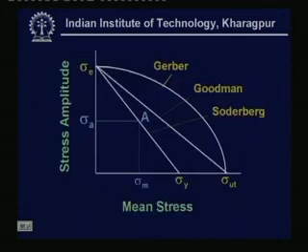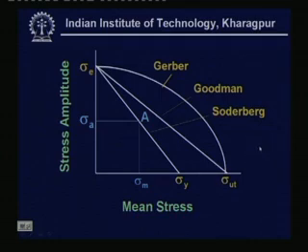In the last class, you remember that we were discussing the equations related to the safe stress design in case of fatigue loading, and these are the Gerber line, the Goodman line and the Soderberg line, where the abscissa was the mean stress and the ordinate is represented as the stress amplitude.